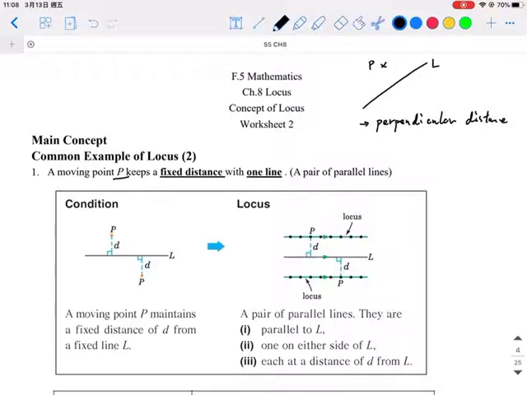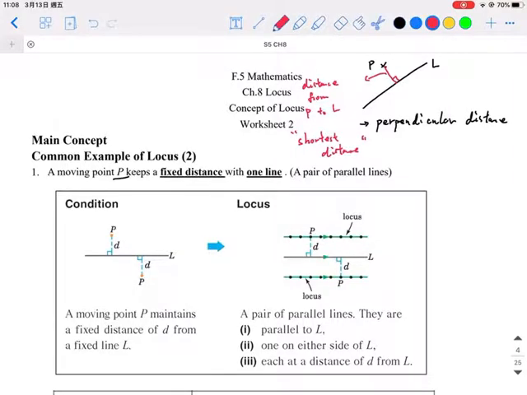That means you need to draw a red line here that is perpendicular to L. This we call the distance from P to L, and it also has another name, called the shortest distance.